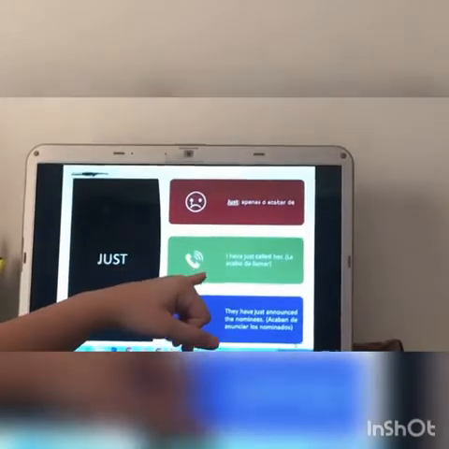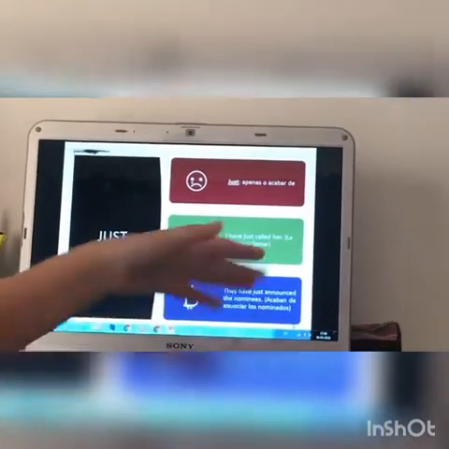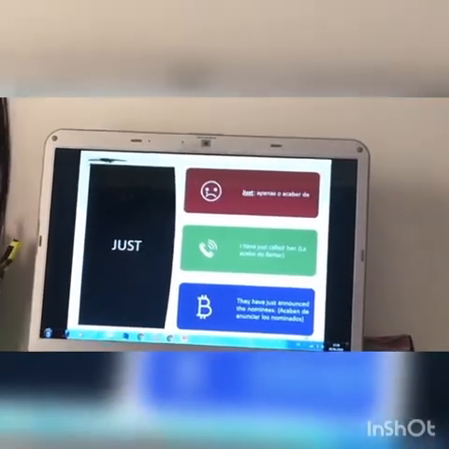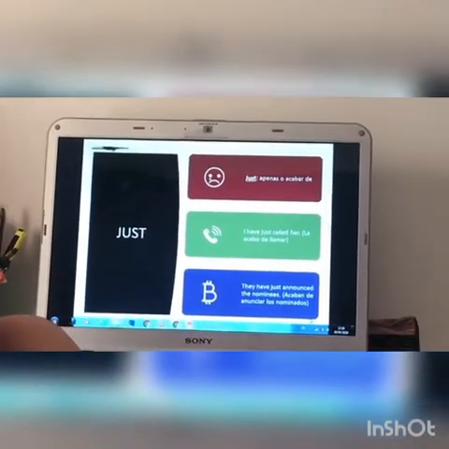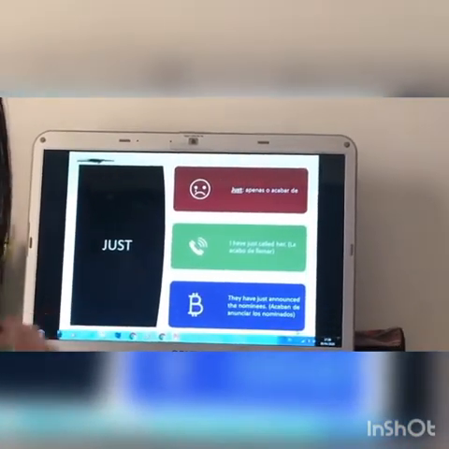Just. Apenas o acabar de. It is used to show that an action ended a few moments or minutes ago. For example, I just called her, la acabo de llamar, or they have just announced the nominees. Acaban de anunciar los nominados. Since and for. For and since are used with the present perfect to indicate time. For is por.